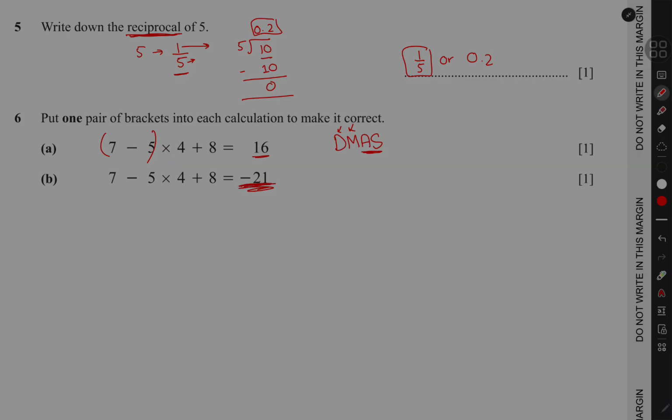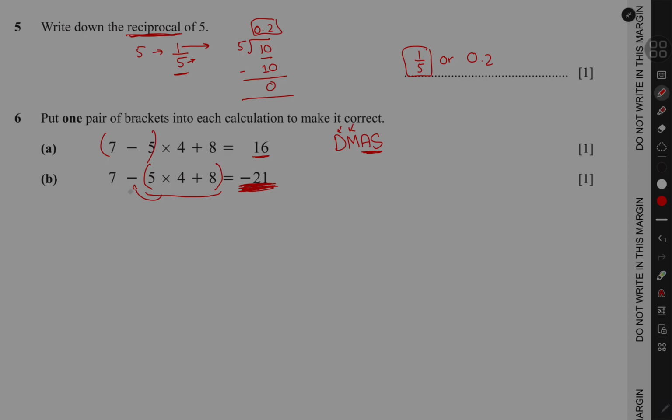So now we have a negative in the answer. Okay, I think we should try to preserve this negative. What I can do is put a bracket around these 3 numbers, so all of these now become a negative number. I can try that.